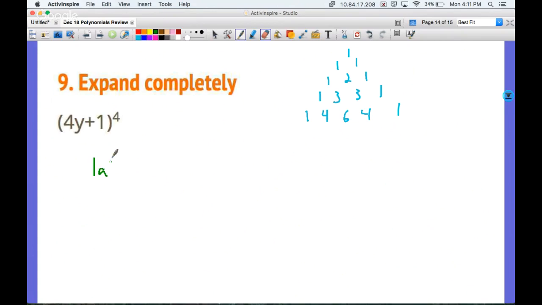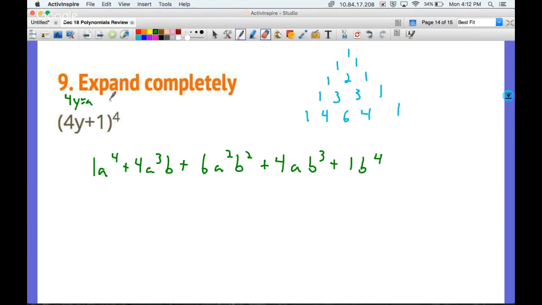So we want 1a to the 4th plus 4a to the 3rd b plus 6a squared b squared. Notice I'm counting down with my a's and up with my b's. Plus 4ab to the 3rd plus 1b to the 4th. Let's fill it in with 4y equals a and 1 equals b.